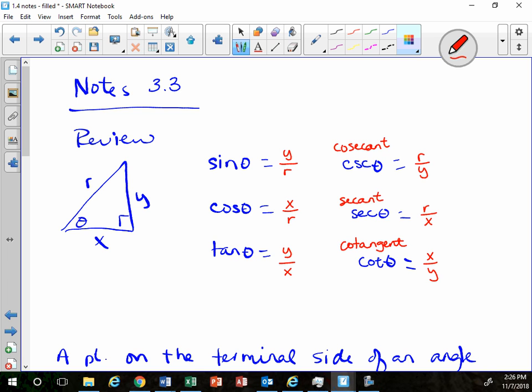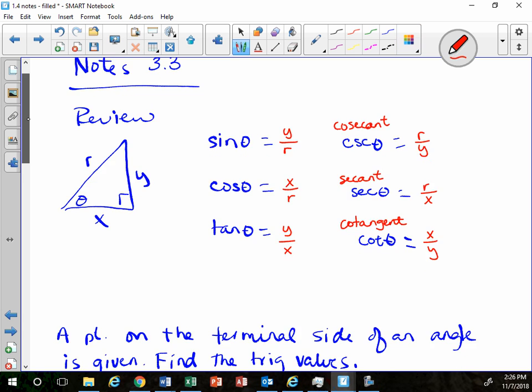These ones are easy to remember, tangent and cotangent. If you don't know those are connected, I'm going to worry about it a little bit. So that part's not bad, right? Are we okay?